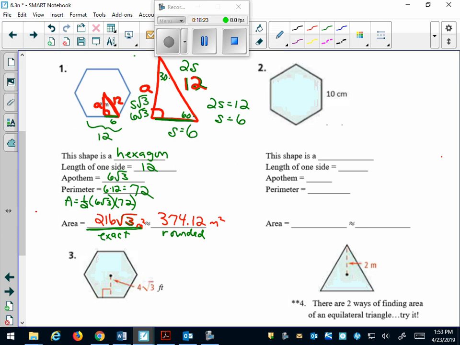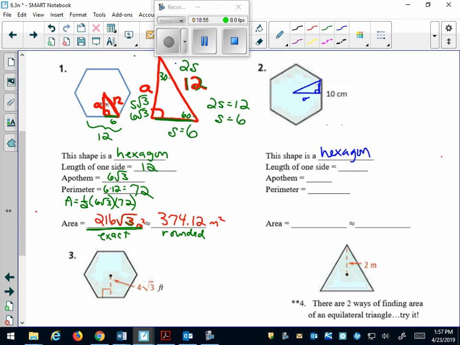Okay, number 2 is also a hexagon. So again, that right triangle that you pull out is going to be a 30, 60, 90 triangle. In this case, however, they don't give us a radius, they give us the length of a side. So I would like you to try number 2. So again, we have a hexagon. So you would take this triangle like this. This is your apothem. Here's your right angle.